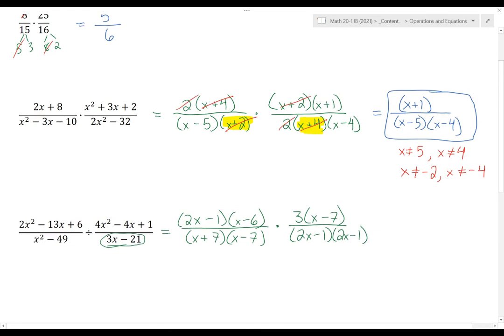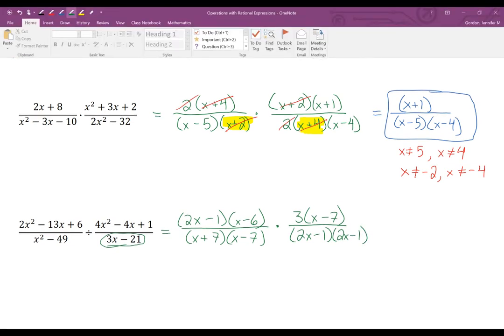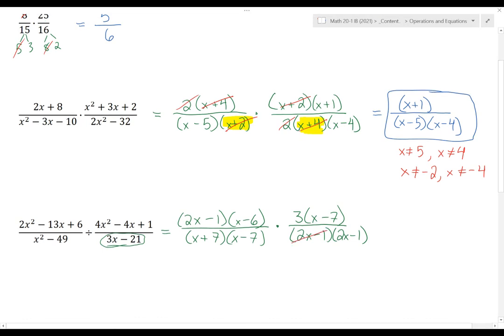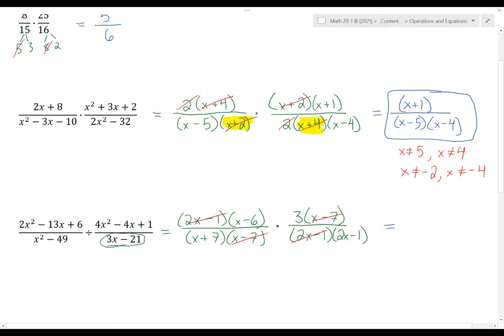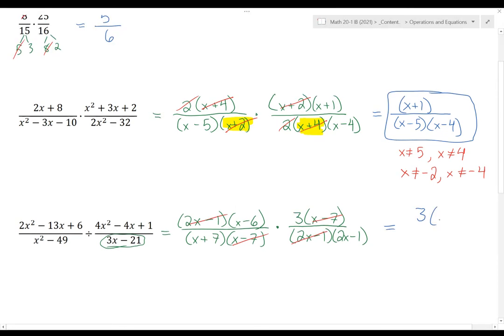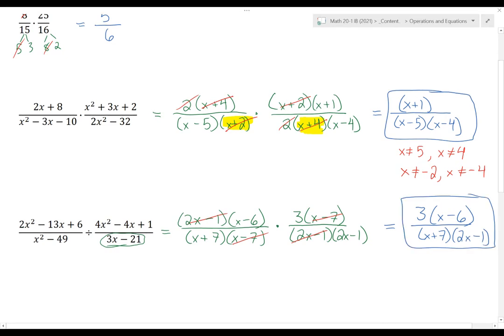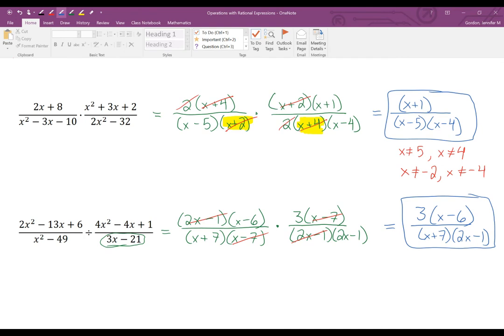Now that it's a multiplication, I can do exactly what I did above. I can cancel out or divide out the common factors. And what I'm left with as a final simplified fraction, in the numerator I have 3 times x minus 6, and in the denominator, x plus 7 times 2x minus 1. So that is the simplified quotient for these two polynomial or rational expressions.